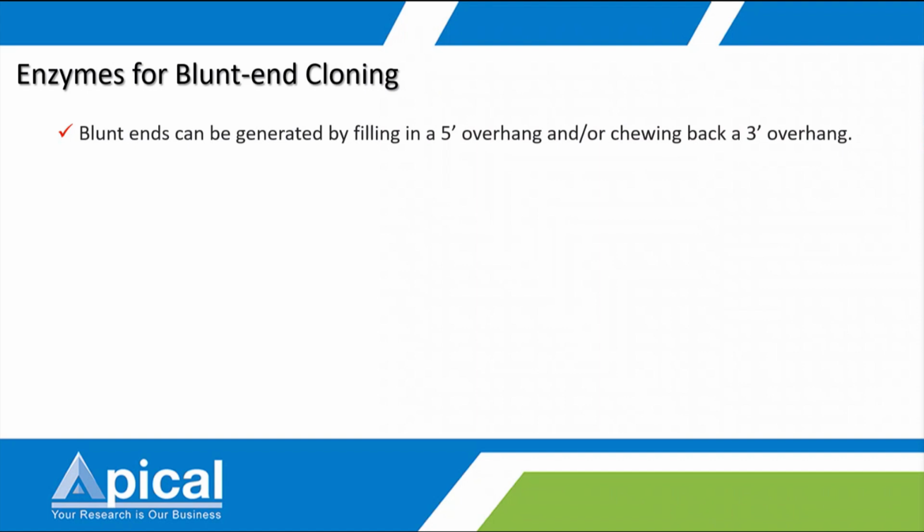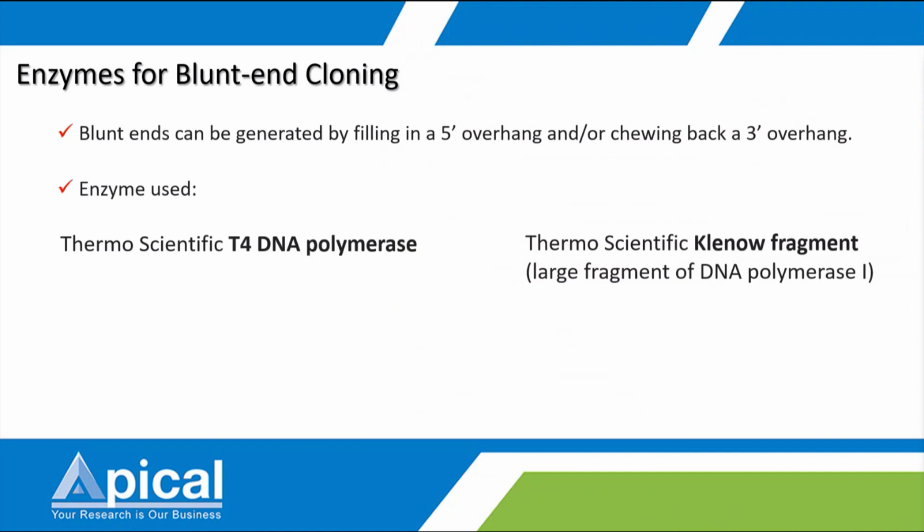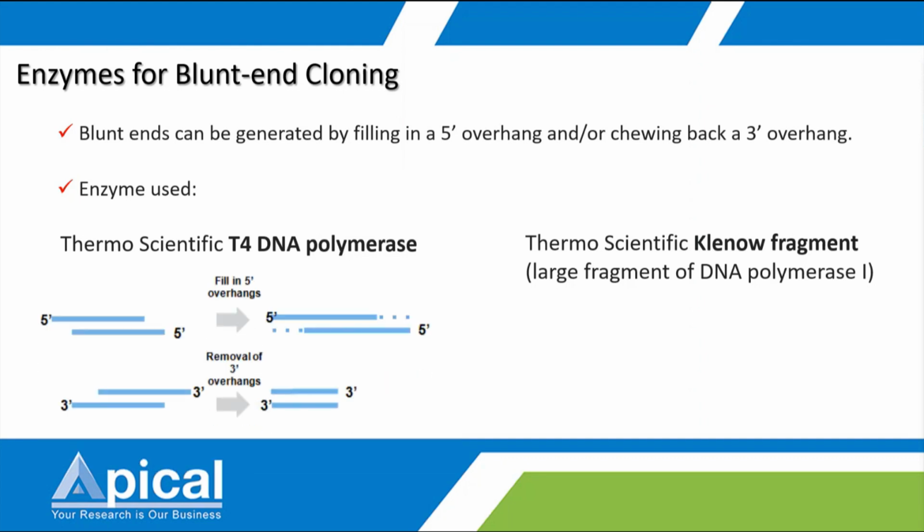For this purpose, you can use either T4 DNA polymerase or Klenow fragment from Thermo Scientific. The T4 DNA polymerase can be used for both purposes, while Klenow fragment is only suitable for filling in the 5 prime overhang. Okay, so now you have your insert ready for cloning.